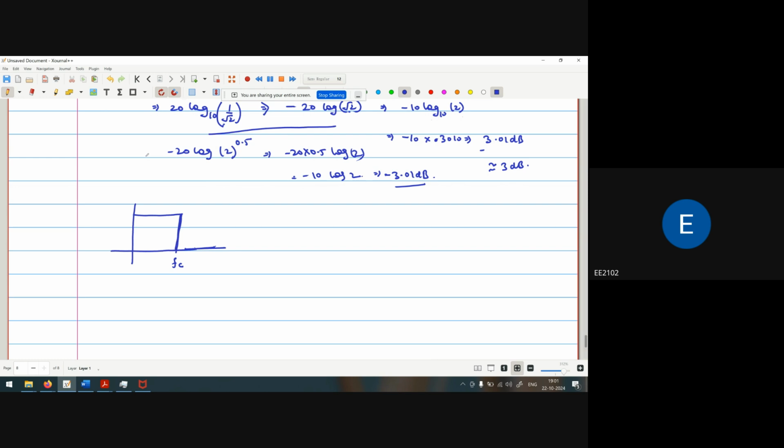Now if we are talking about a practical filter, it will start reducing from this point and go up to 0 at this point. So this is the delta F in which the transition is done. So it is called the transition band.